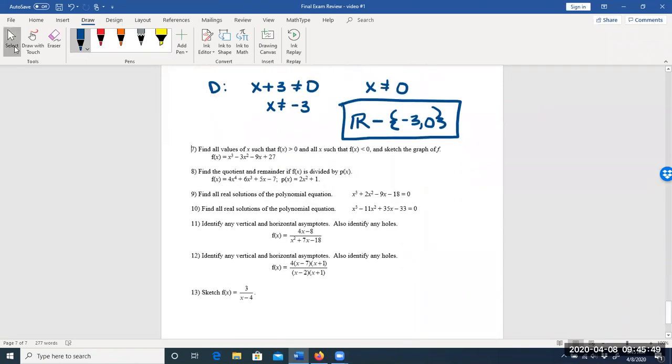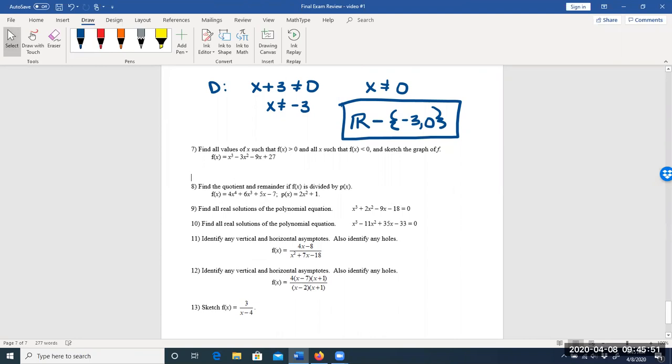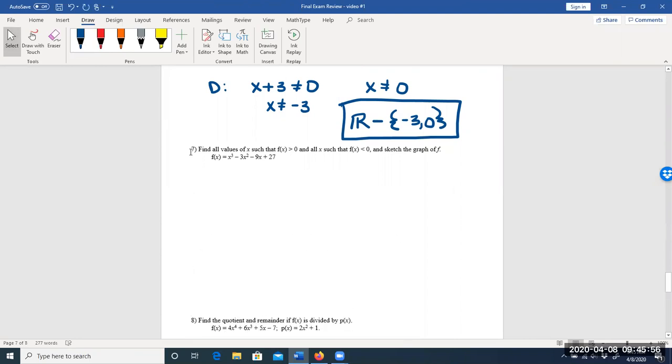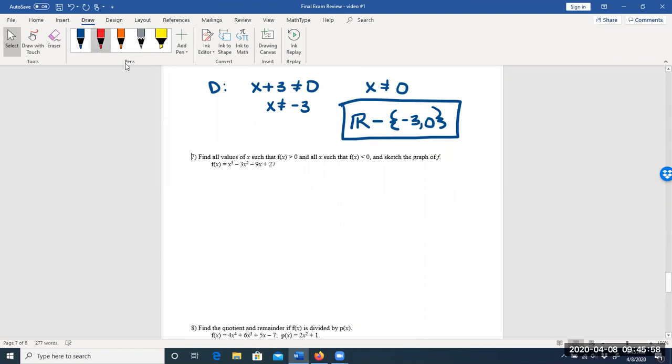Okay, number 7. Okay, so for number 7, first I'm going to find the x-intercepts, also known as the zeros of this polynomial function.